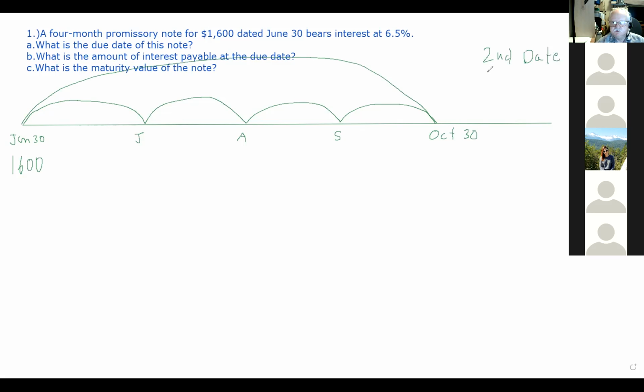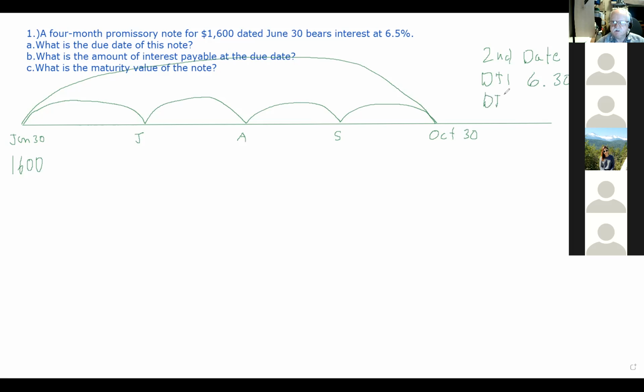To figure out the days, we went second date. June is for DT1, 6.30, and we chose this year, 2021. Then we go enter and down.